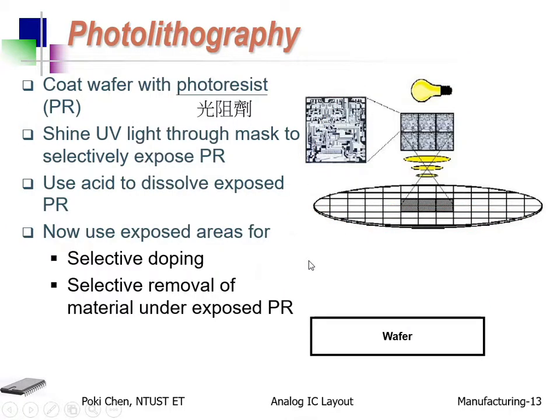So from the very beginning, on top of the wafer, we need to have a layer of photoresist. Never mind how you spread the photoresist over the surface of the wafer, you need to spin it. Okay? To make, hopefully, the photoresist uniformly distributed over the wafer surface.